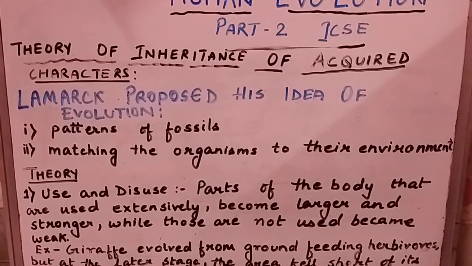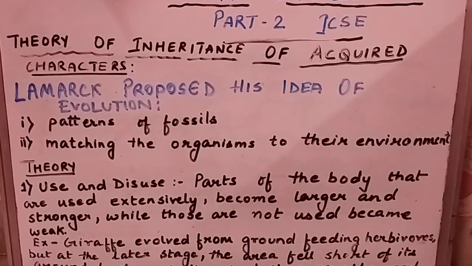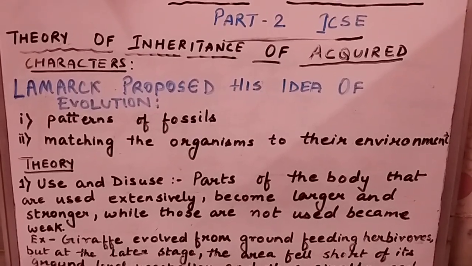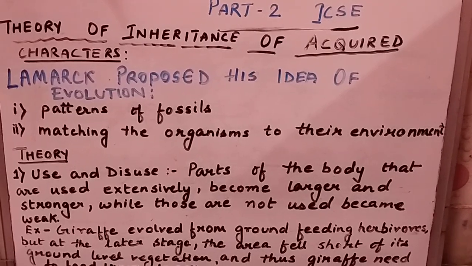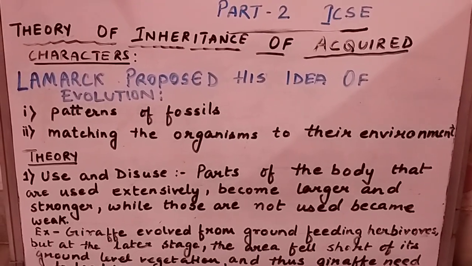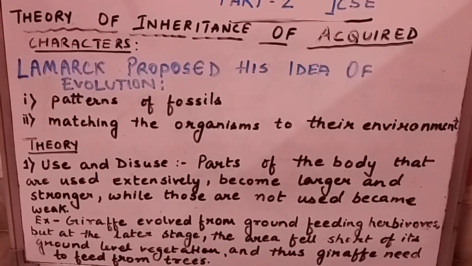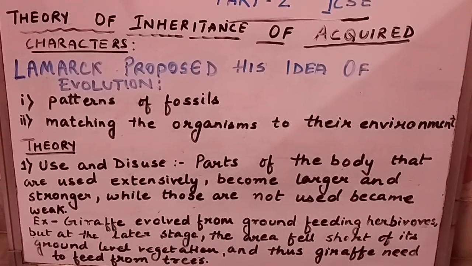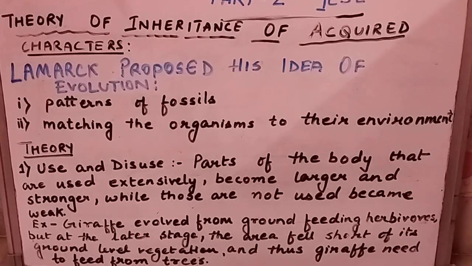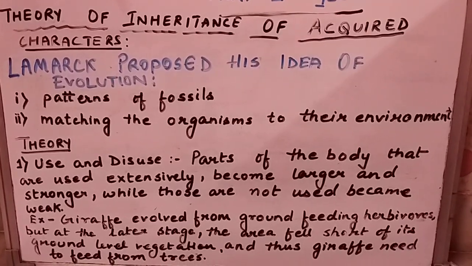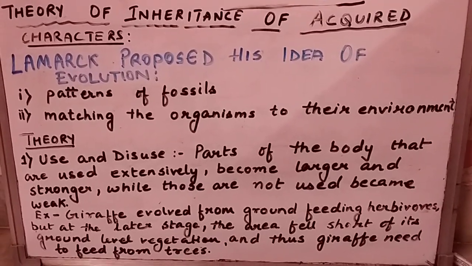The theory of inheritance of acquired characters was proposed by Lamarck on the basis of two ideas. One was the pattern of fossils, meaning the pattern of the fossils which were found.